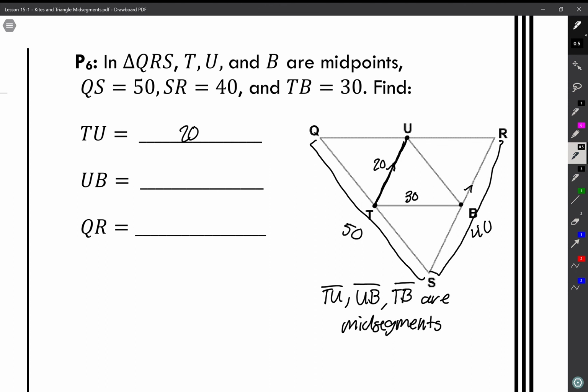It's a triangle midsegment, so half of QS is 50, so half of 50 is 25. So UB is 25. And then QR, we know that TB is 30. QR is the parallel, and it's the third side this time, so instead of halving 30, we're going to double it to get that QR is 60.